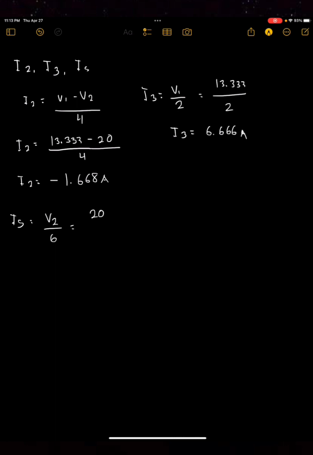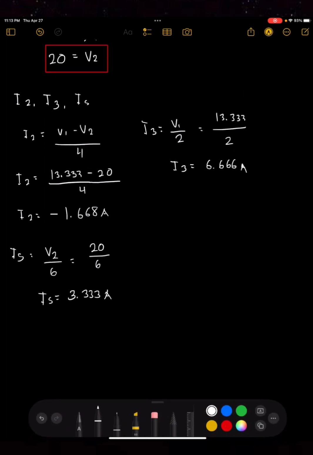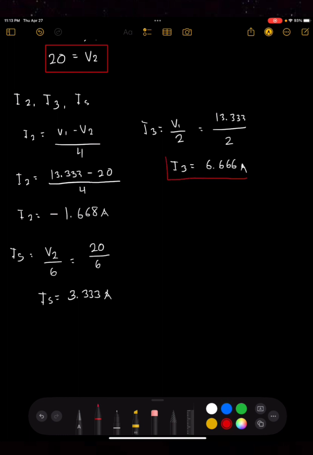Substitute 20 over 6. I5 is equal to 3.333 amperes. So this is the answer for items 21 to 25.